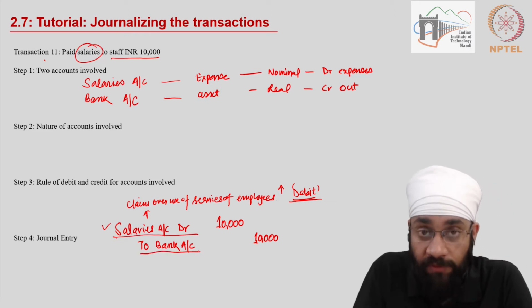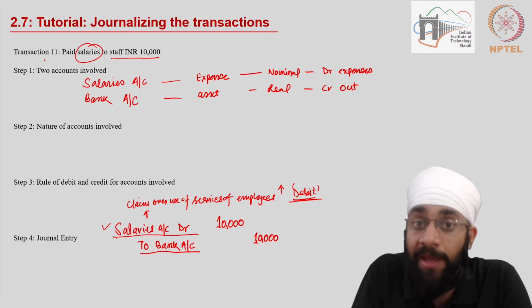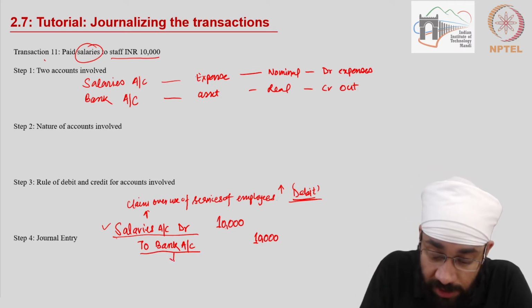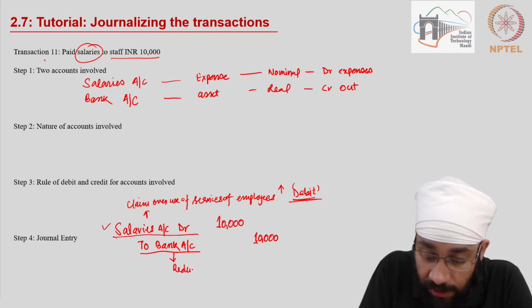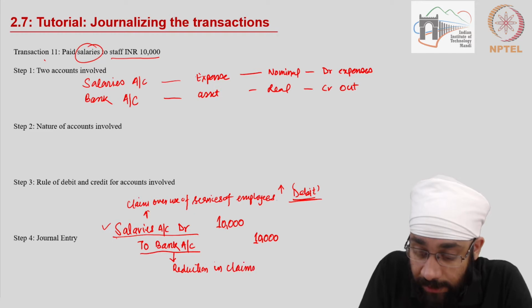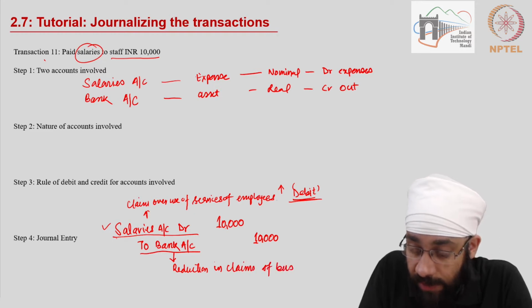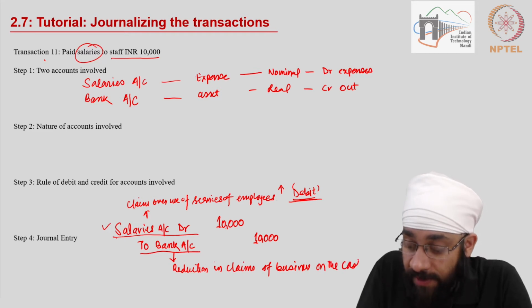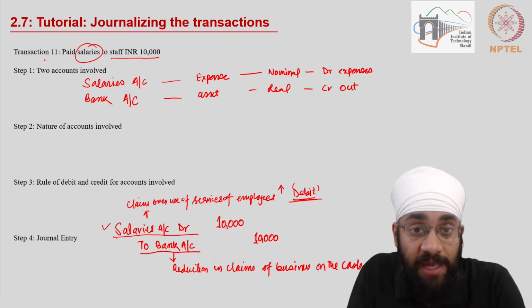What is going out of the business is the bank balance. The business is paying through its bank account. So this represents the reduction in claims of business over the cash that the business has, or the bank balance that the business has.